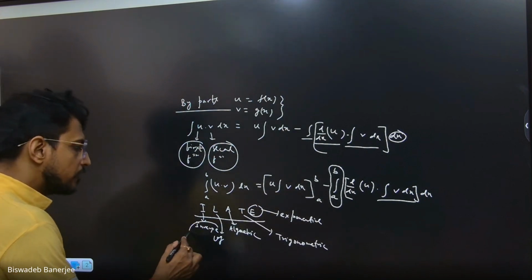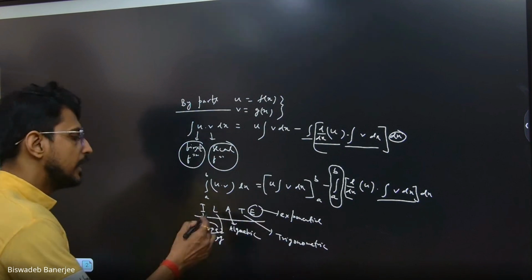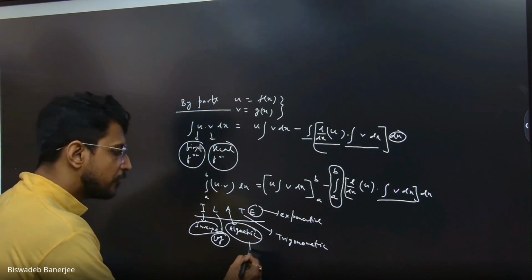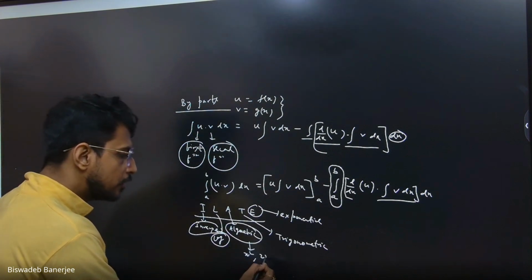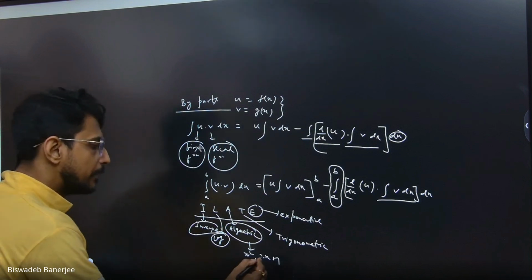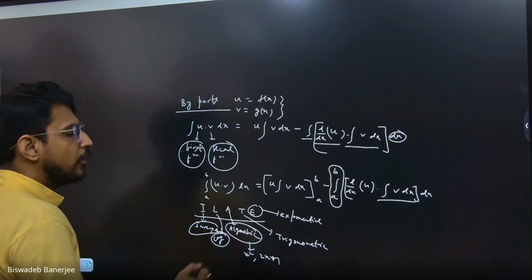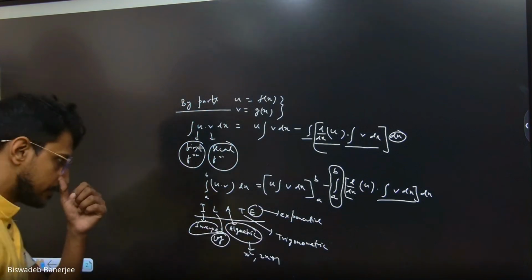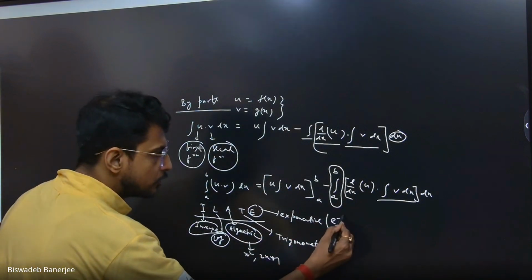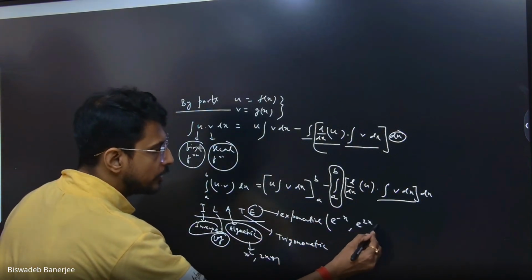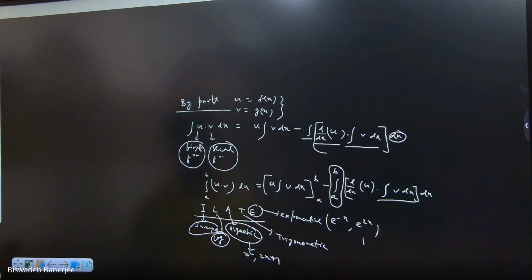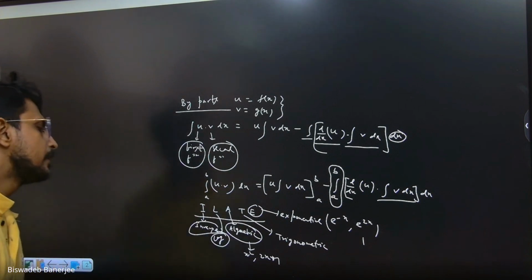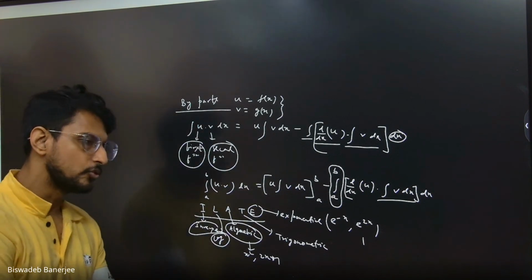I for inverse function, say sine inverse, cos inverse; L for log function; A for algebraic function, for example x square, 2x plus 1; T for trigonometric function; and E for exponential function, like e to the power minus x, e to the power 2x.